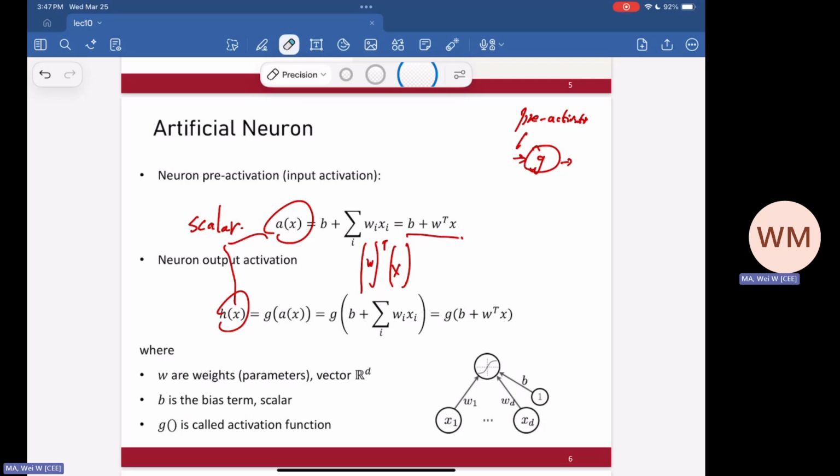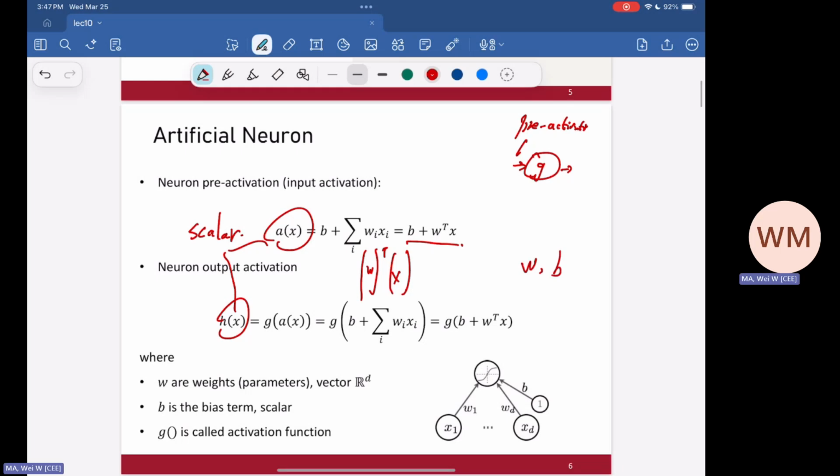Now we have the names. We call W the weights, and we call B the bias. We call G the activation function. W and B together we call the parameters.